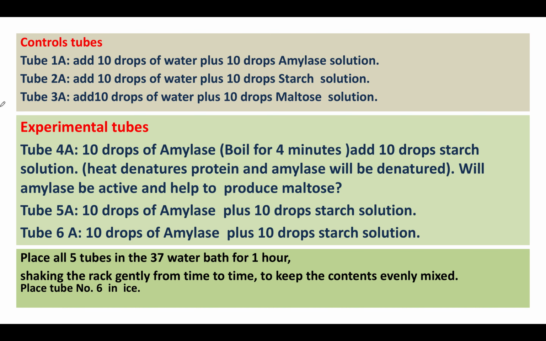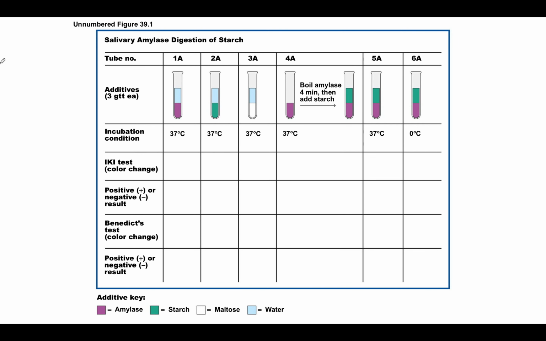So let me go to the chart and explain here on the chart. These are the test tubes, which of course are made of glass. The first three are the controls. In the first control, we control for the presence of amylase.